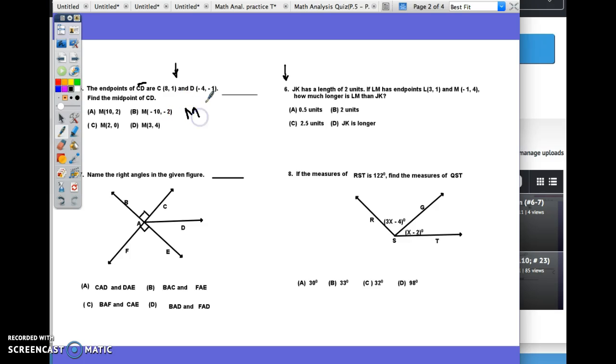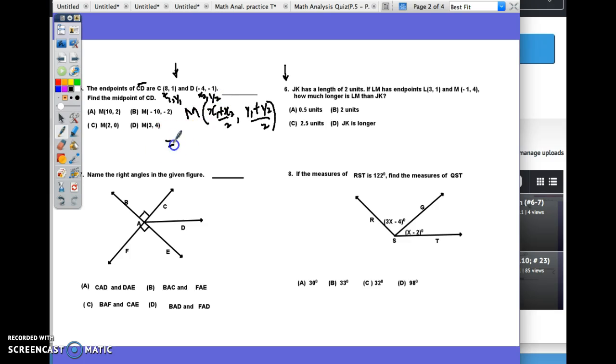So you write the midpoint formula: (x1 plus x2) divided by 2, comma, (y1 plus y2) divided by 2. It's a good idea to identify your ones, although some of you could do it mentally. But let's say these are the ones, and these are the twos, so this will be x2, comma, y2.